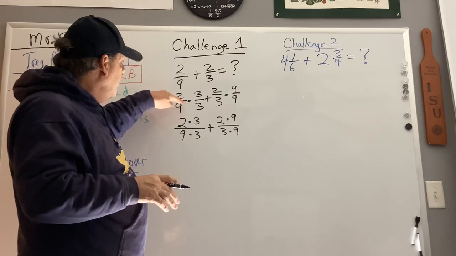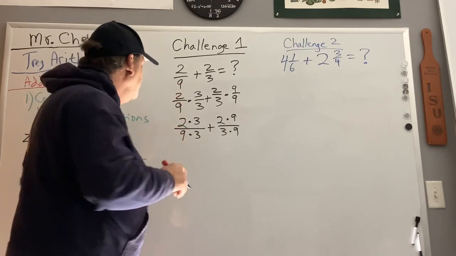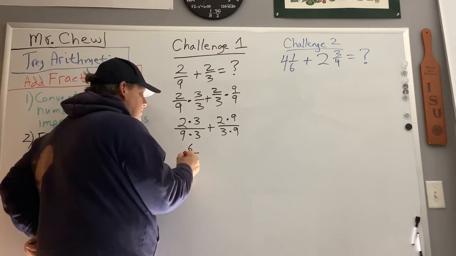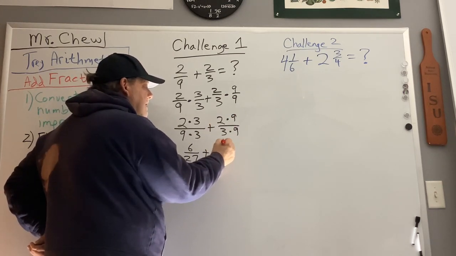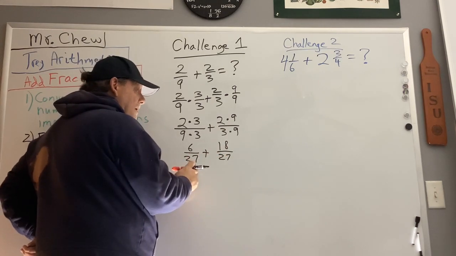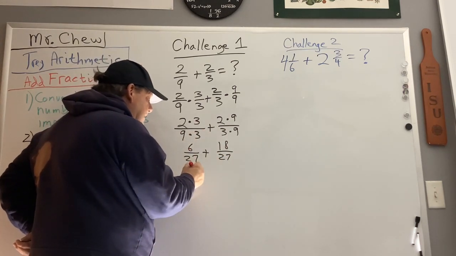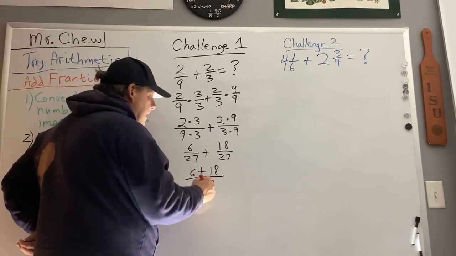You multiply numerator times numerator over denominator times denominator. 2 times 3 is 6 over 9 times 3 is 27. 2 times 9 is 18 over 3 times 9 is 27. So I've got the same on the bottom. When I have the same denominator, then I can add the numerators and put it over that same denominator.